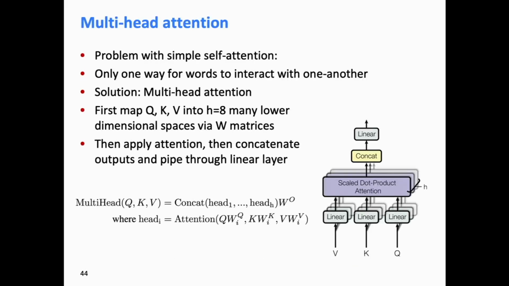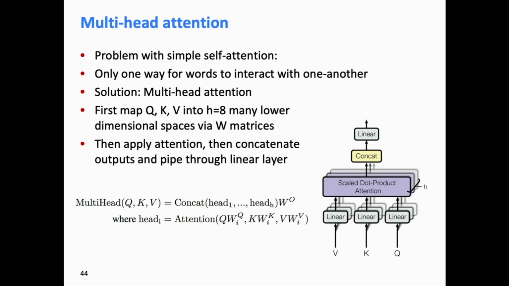Okay, so the second new idea is, well, attention is great, but maybe it's bad if you only have one attention distribution, because you can only attend to things one way. Maybe for various uses, it'd be great if you could attend from one position to various things.